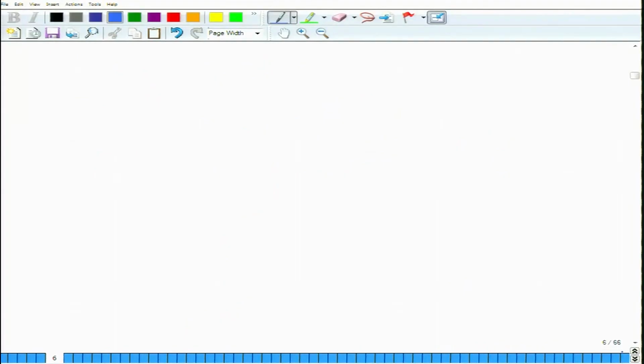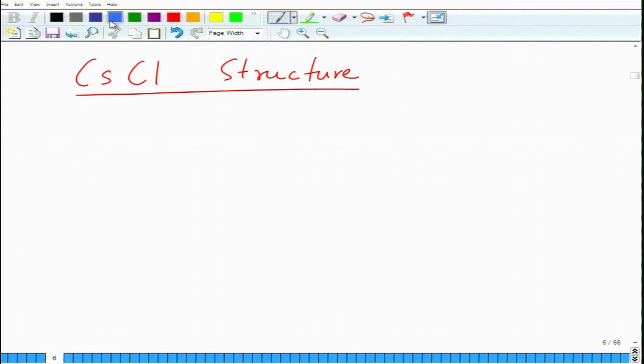So now let's look at another structure which is again cubic based, which is called the CsCl structure. This structure is followed by cesium chloride as the parent compound, but also by compounds such as silver bromide or silver iodide and so on.